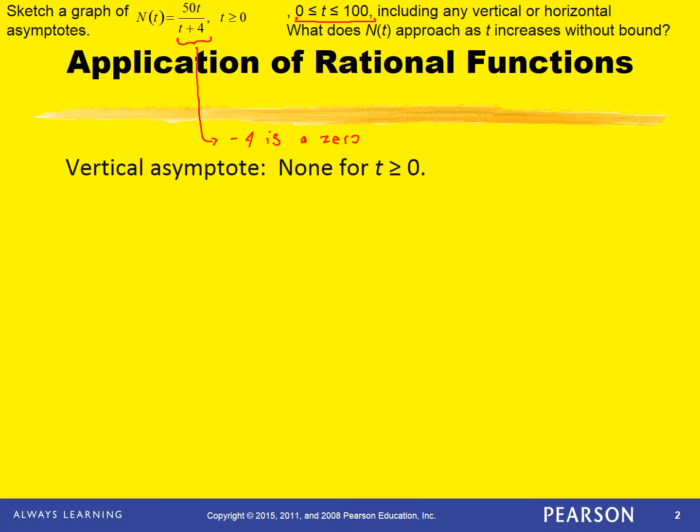So there is no vertical asymptote, but there will be a horizontal asymptote.